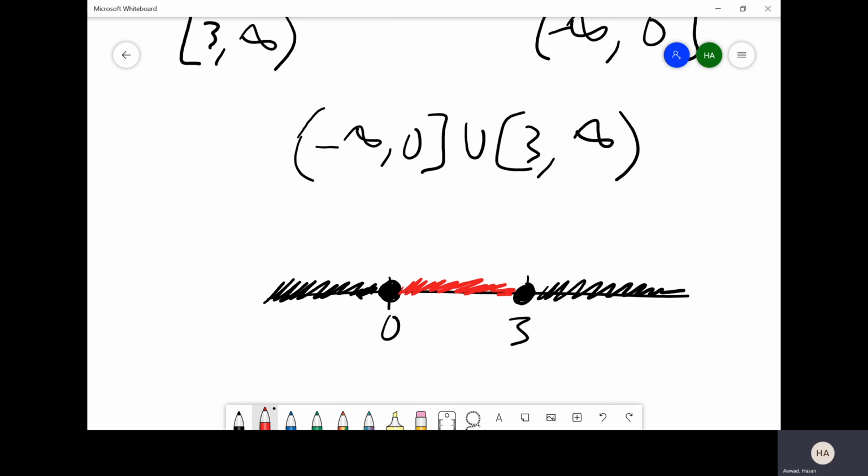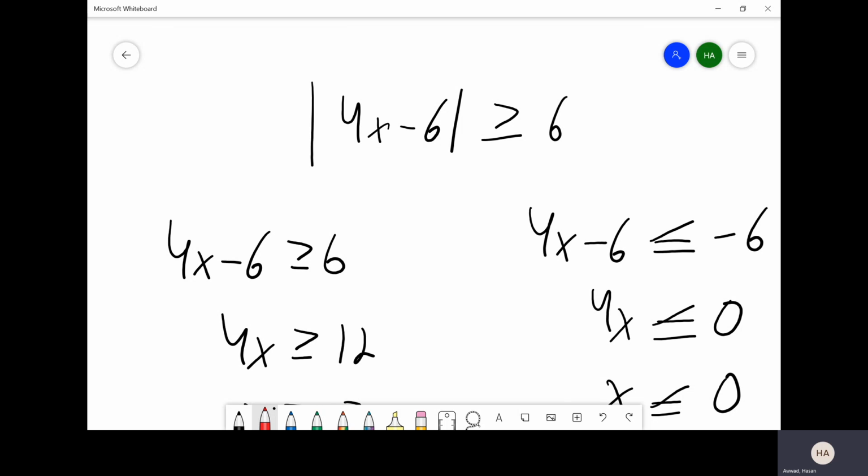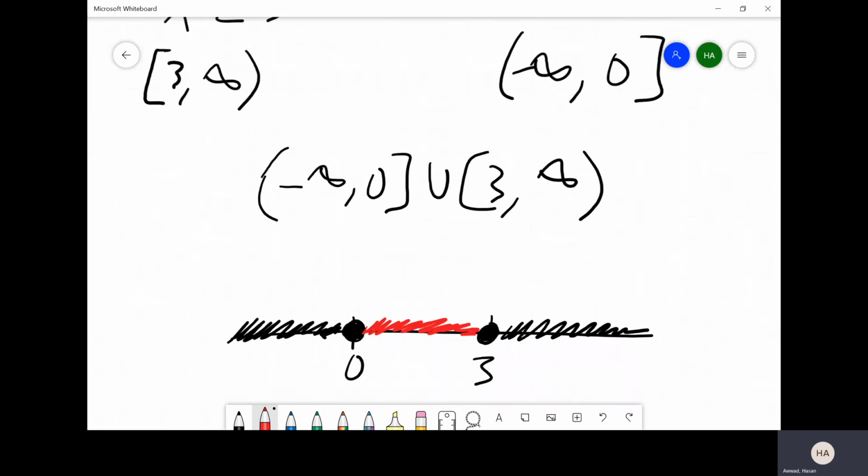And now notice how the middle piece is now false for the greater than or equal to 6, but your middle piece was true for the less than or equal to 6, and the outside pieces were false for the less than or equal to 6. So as you can see, depending on which one you have, you're going to fill in parts of your number line. You're either going to have between your two numbers or you're going to have outside your two numbers.